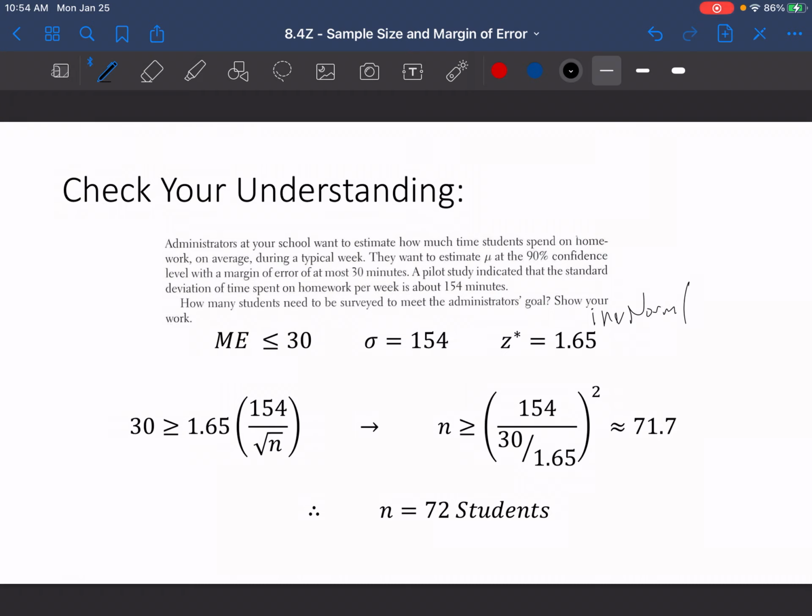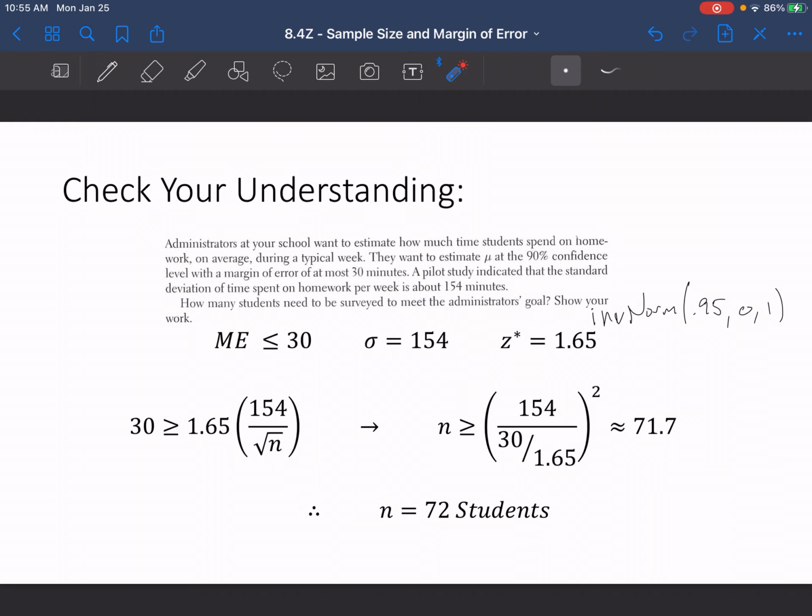They give us a 90% confidence level, so I know the two tails represent 10%. I only need one of the tails, so it's going to be a 95% area for that inverse norm function, with a mean of 0 and a standard deviation of 1. That gives me a z value of 1.65. From there, I plug that into the equation where 30 is greater than or equal to 1.65 times 154 over the square root of n, and I solve for n.